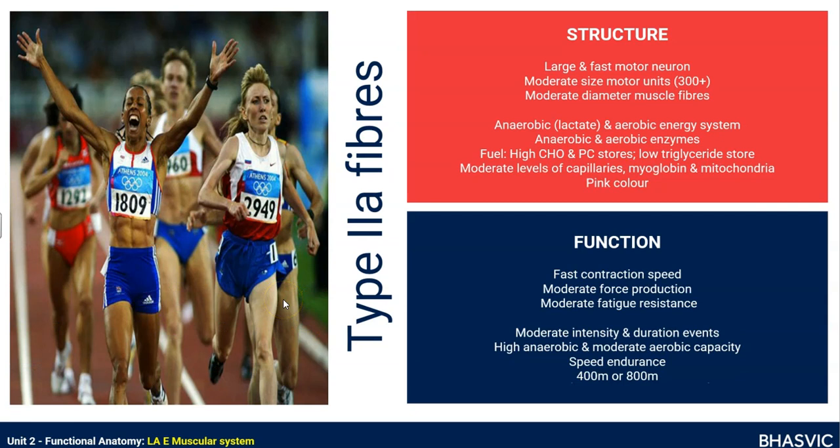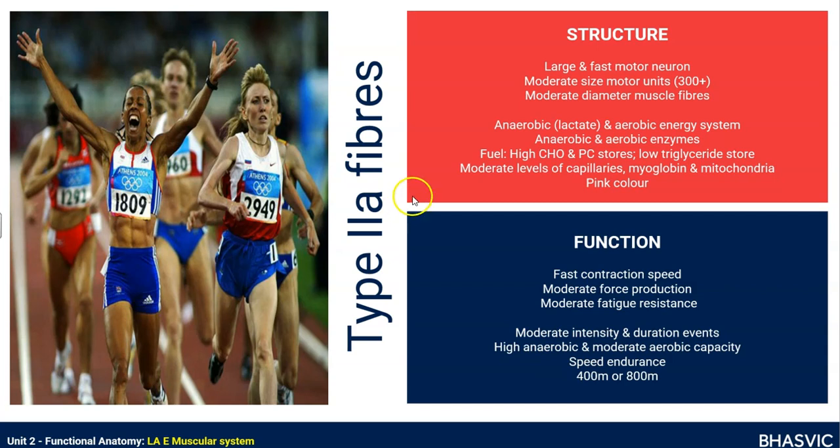So it's possible you may have heard of your type 1 and your type 2X already, your slow twitch or fast twitch from school. You may or may not have heard of type 2A fibres. Now, these are also called intermediate fibres. So there's a few things to know. First of all, you can see by their name, they are type 2. So they are mainly a type 2 anaerobic fast twitch kind of fibre.